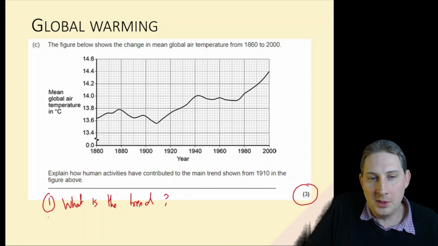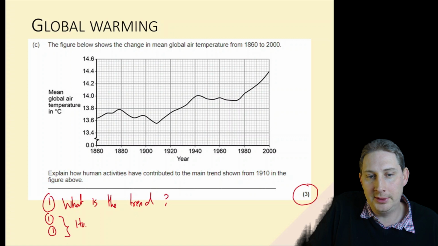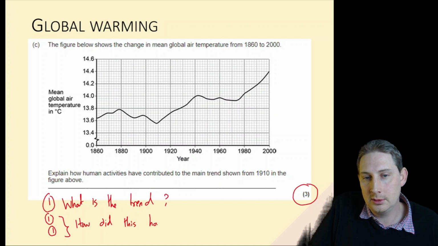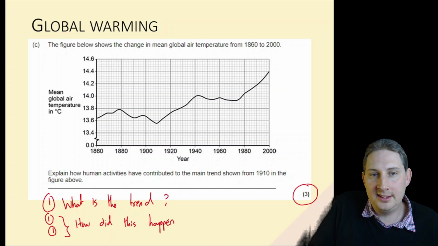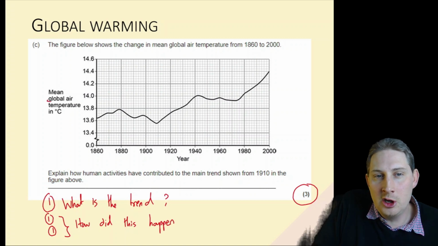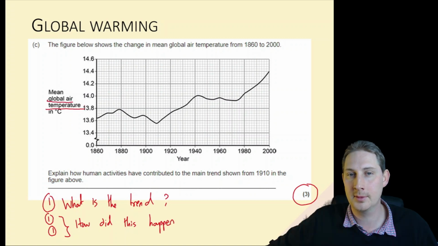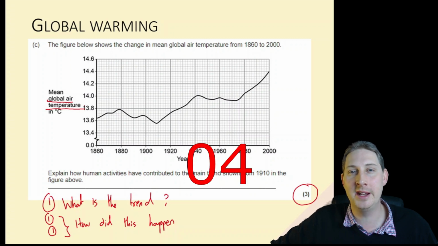And then 2 marks for how did this happen? Now, notice it's talking about the global air temperature, so make sure you explain why the air temperature goes up. For the last time today, pause the video, 3 minutes, have a go.